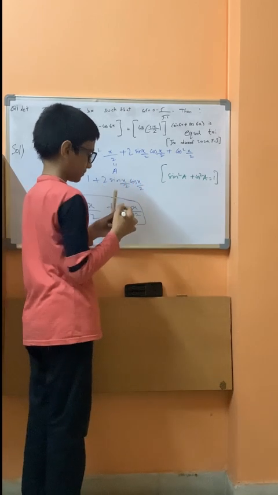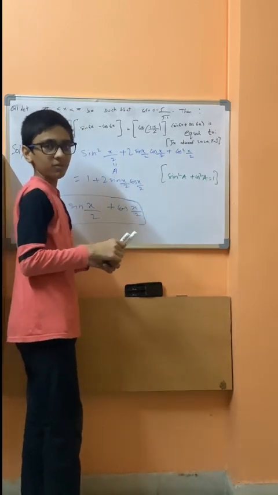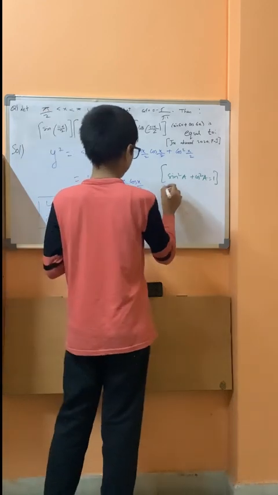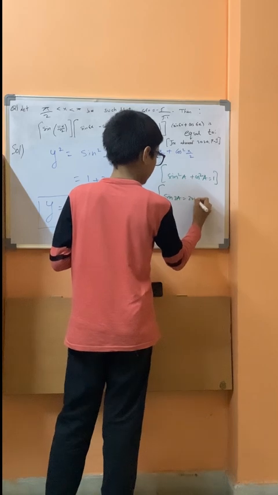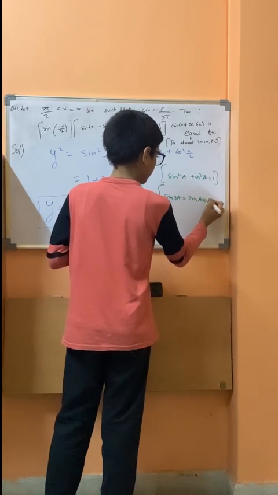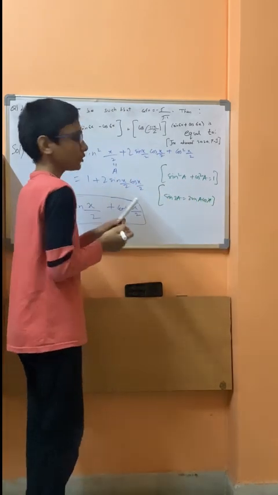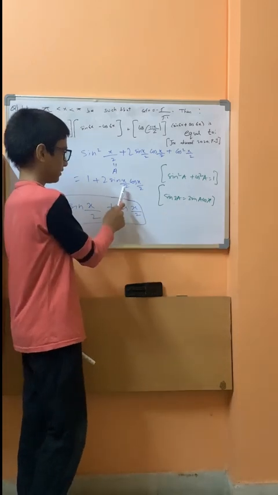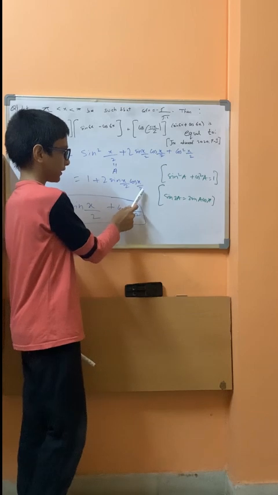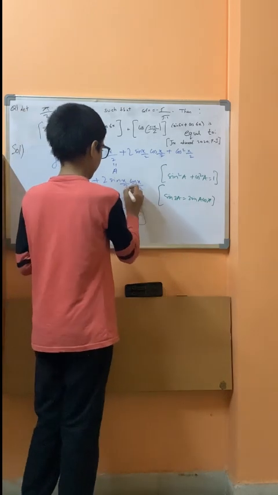And we get this. Now I have one more formula which is like this. So sine 2a equal to 2 sine a cos a. And we can see that this is sine a cos a. So x by 2 is a.